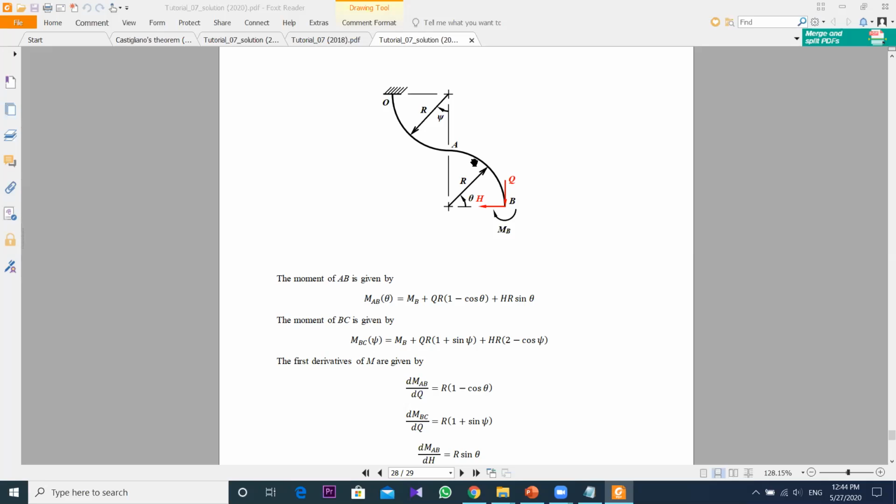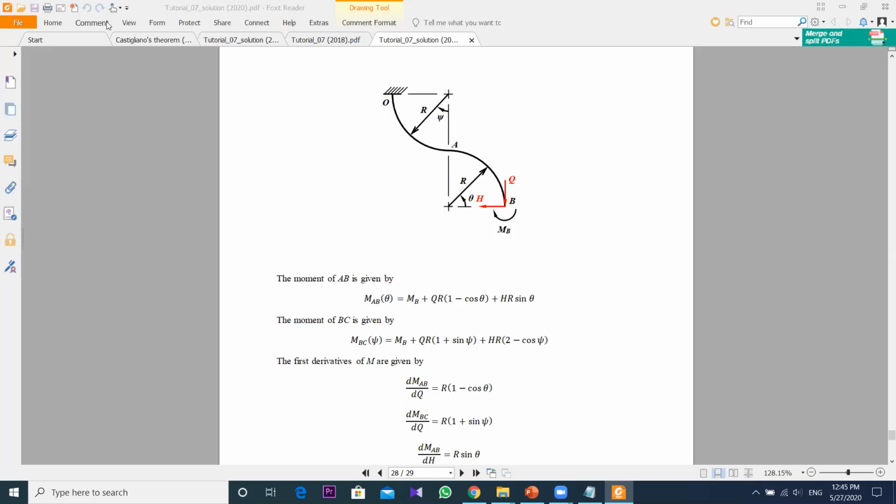The distance in the AB section is given by QR. So the R cos theta means this distance. Okay, so you need to subtract.